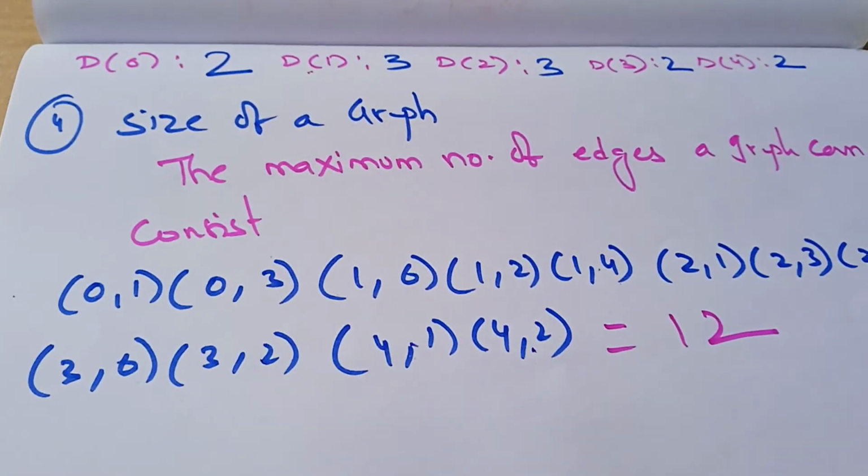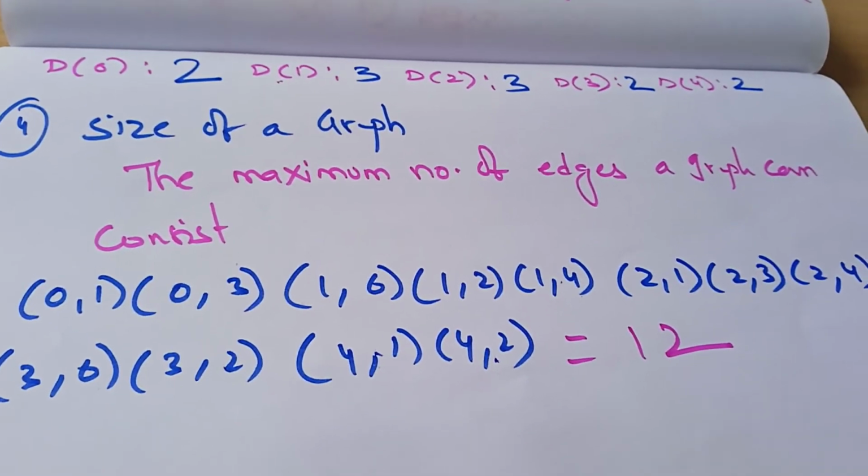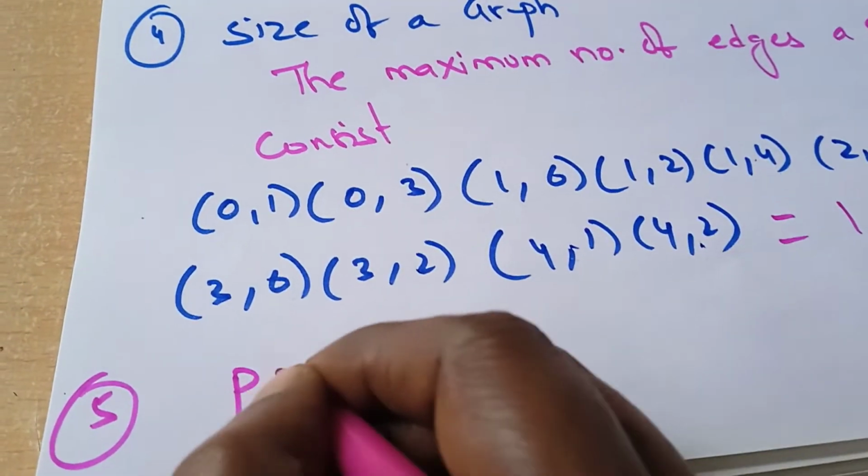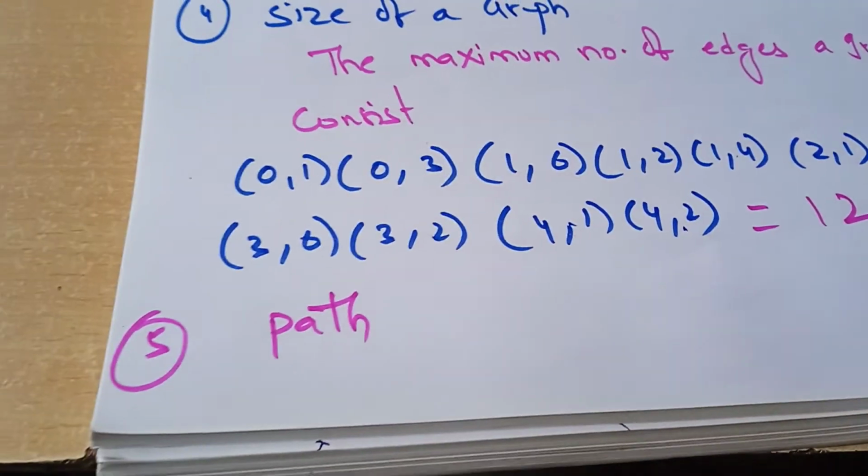That is the total number, the maximum number of edges a graph can consist of. And the fifth one, path.